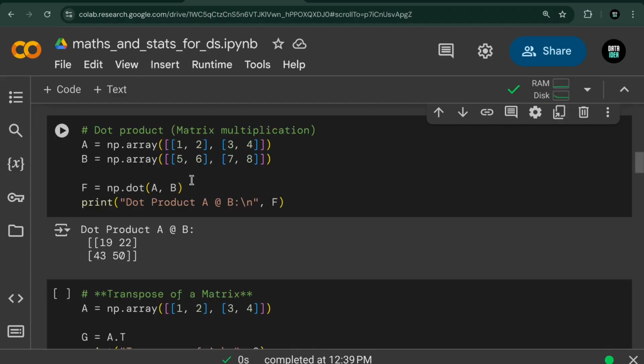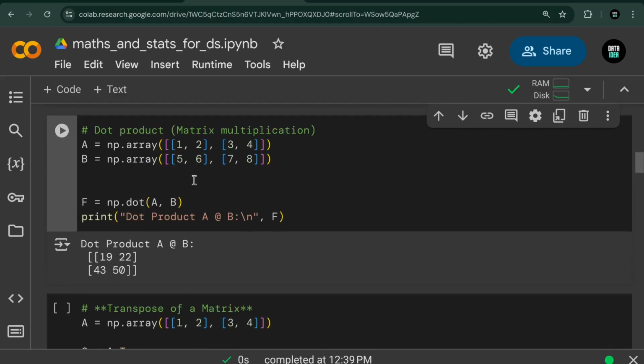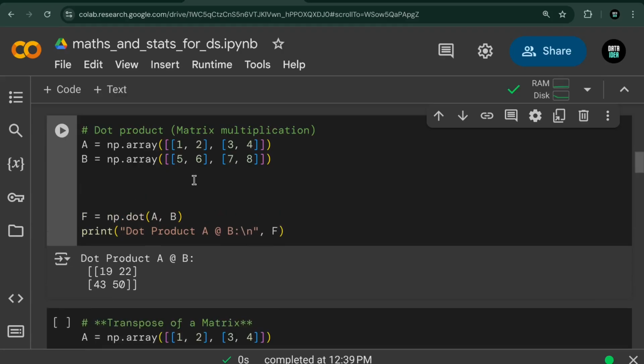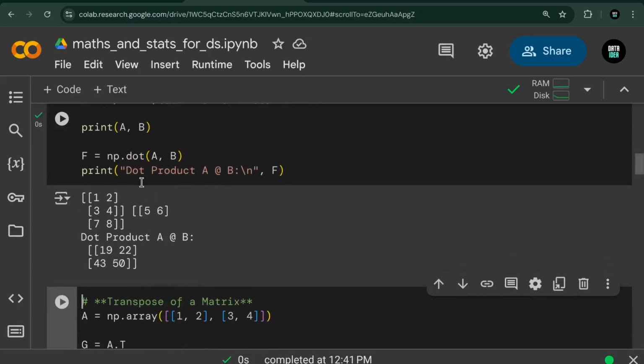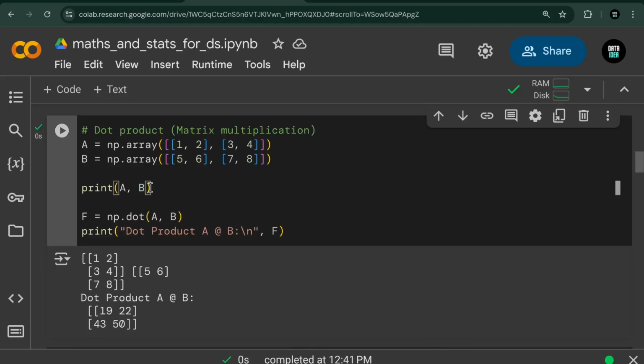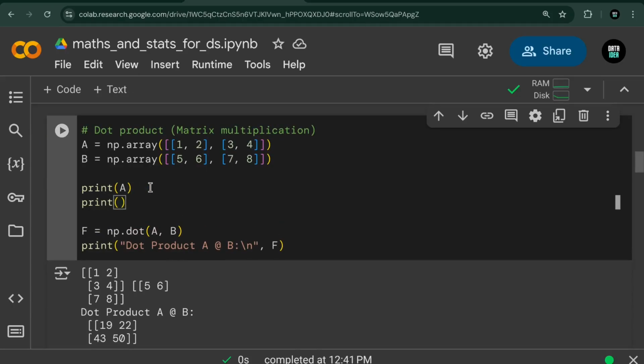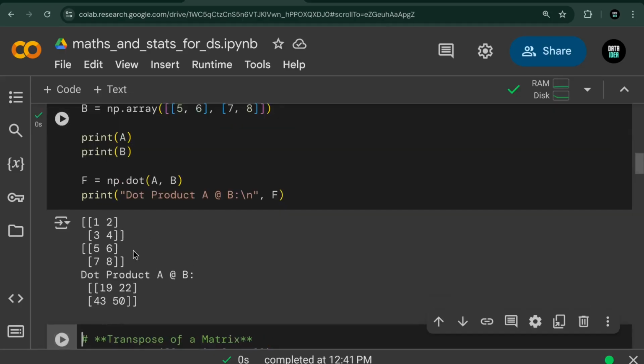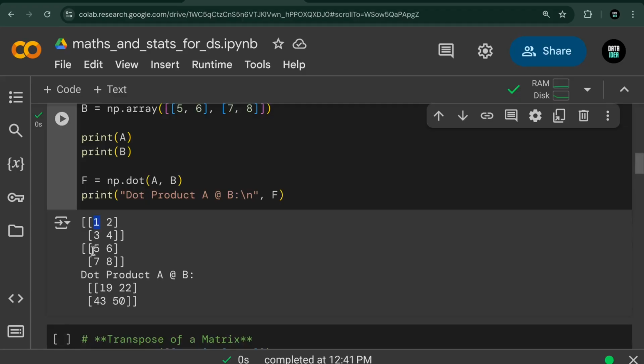So if I just print this, and maybe we can have a look, if I print A and B on separate lines, in this case we would be having 1 times 5, okay, plus 2 times 7, row by column multiplication, usual matrix multiplication.